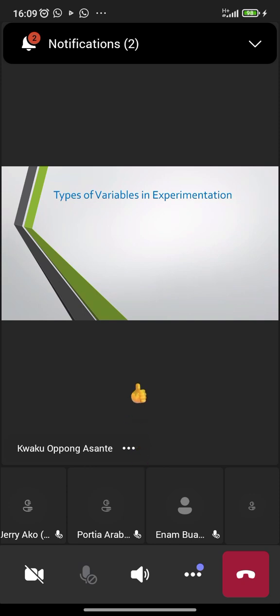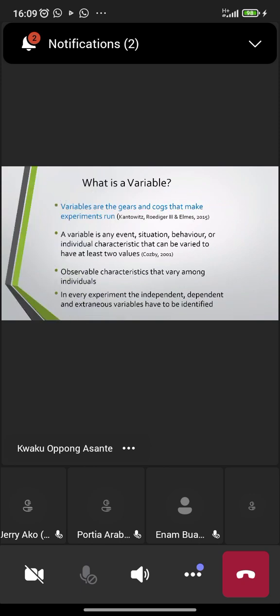Whether they are independent, dependent, or even extraneous variables, they come in different forms. And we know what a variable means: any event, any behavior, or any characteristic that can vary, that can change its forms, is called a variable.